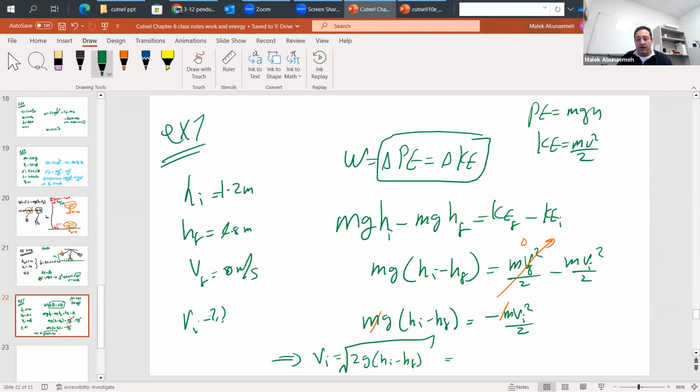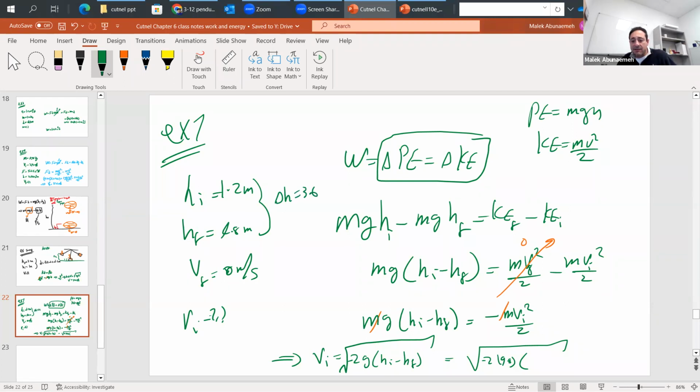With this one, you would get 2 times 9.8. Actually, forget the negative. Negative 2 times 9.8 times the difference in height, where delta H is going to equal 3.6.